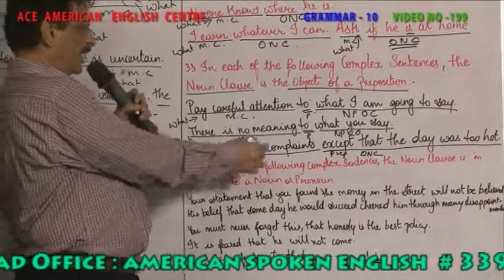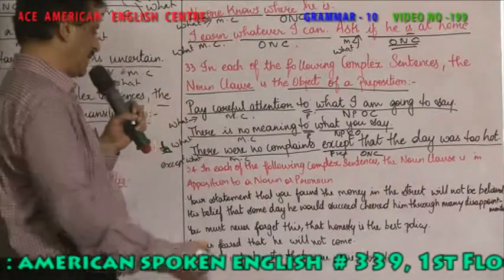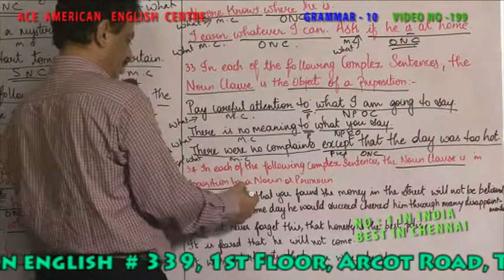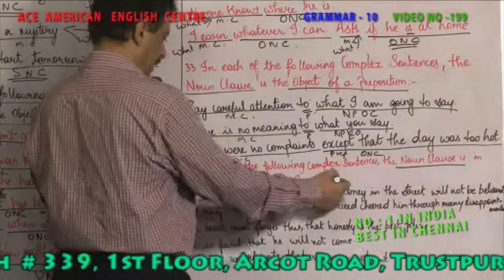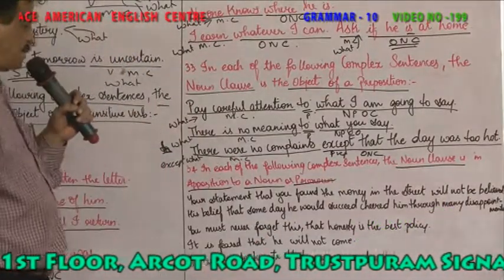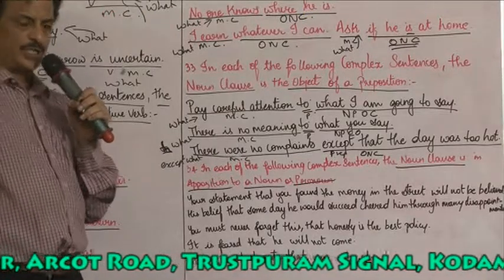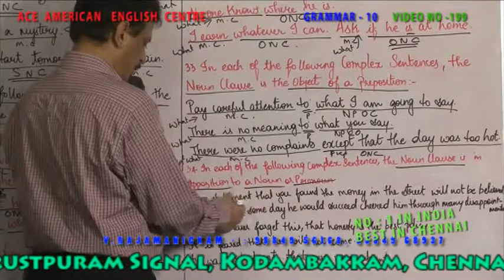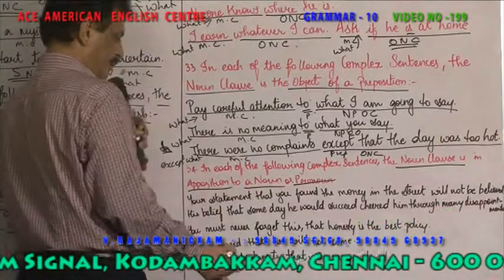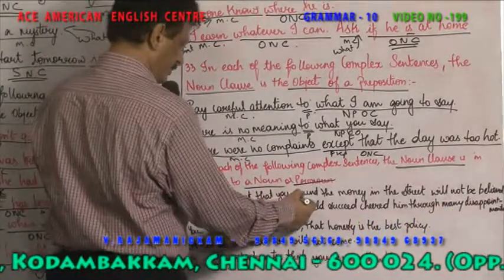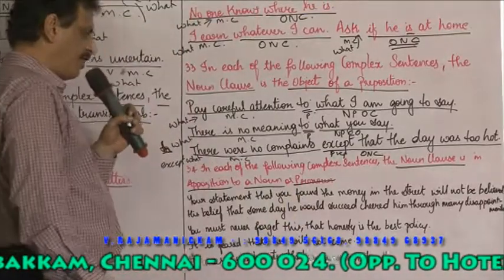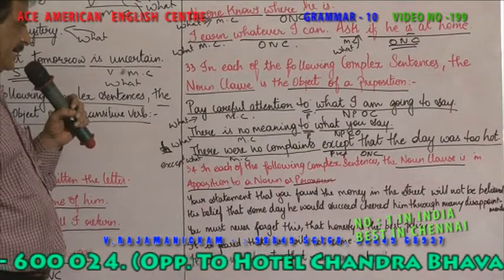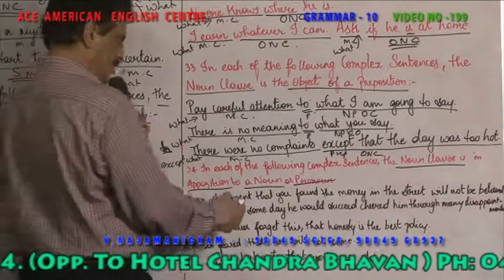In the following complex sentences, the noun clause is in apposition to a noun or a pronoun. Your statement that you found the money in the street.